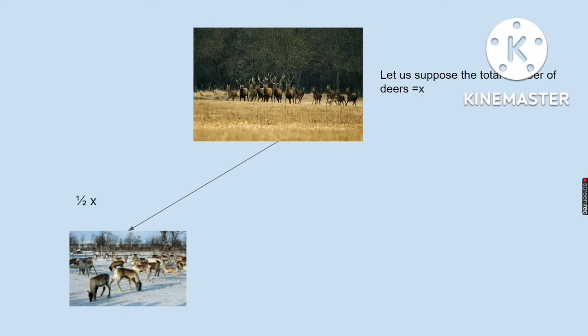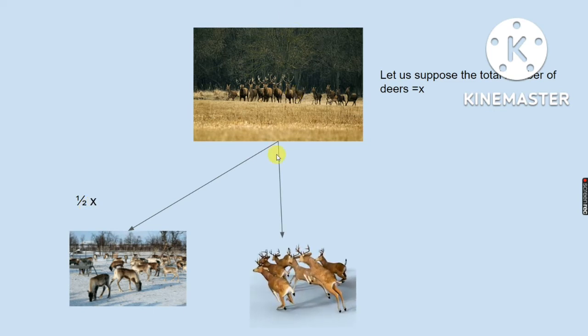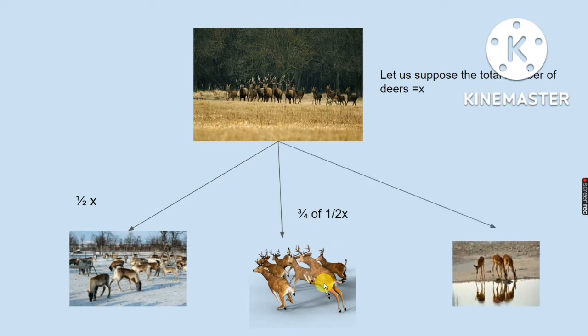Now half are grazing in the field, so they become 1/2x, and half remained here. 3/4 of half are playing, and the rest 9 are drinking water.